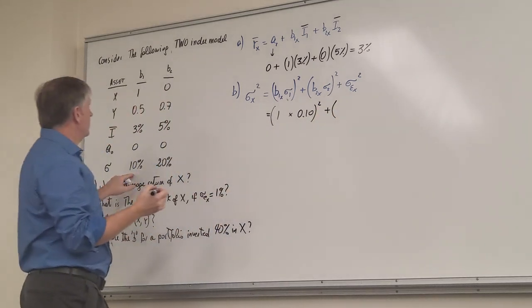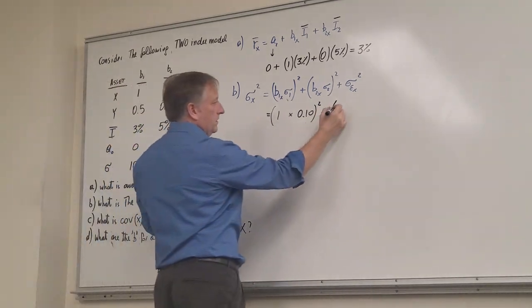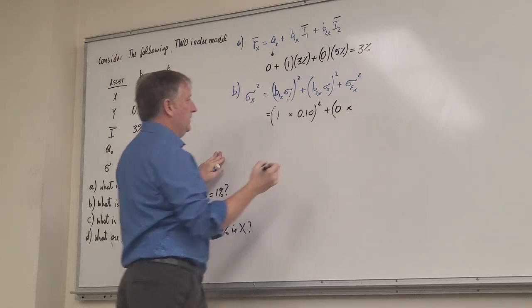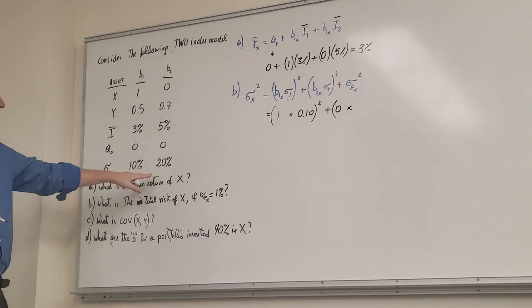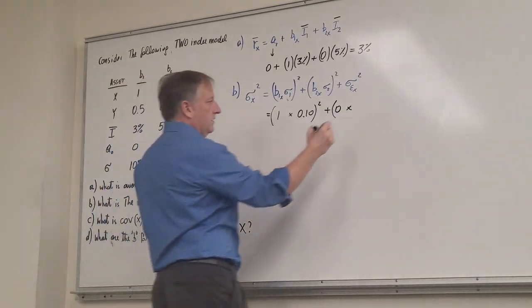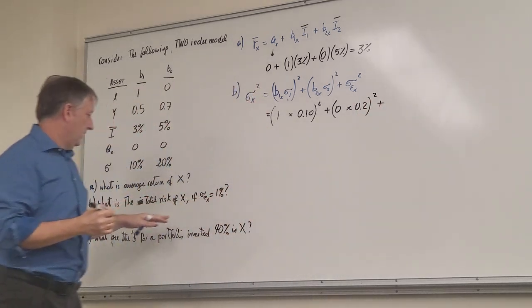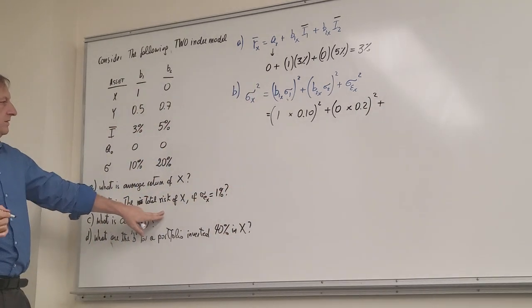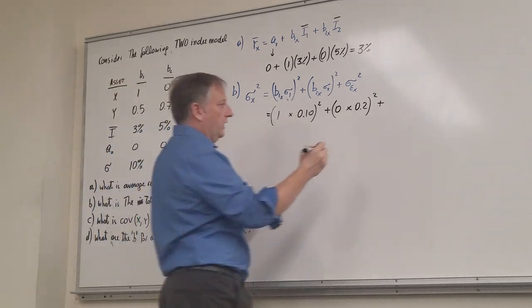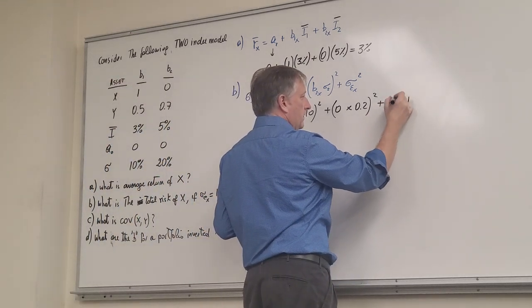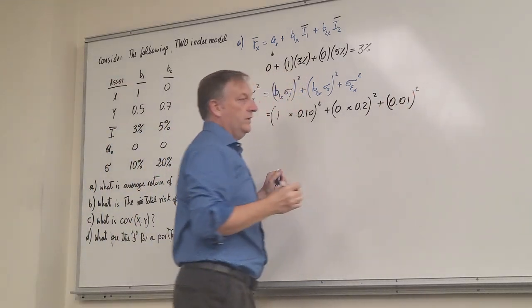Then you have beta 2 of X, which is 0, times sigma 2. Sigma 2 is 20%. And then you have 1% sigma EX, right? So 0.01 squared.